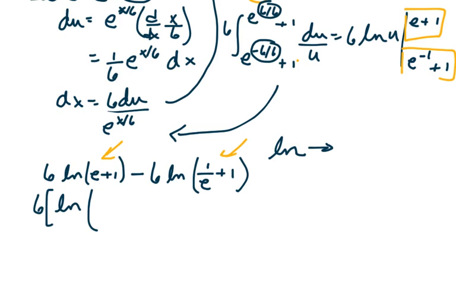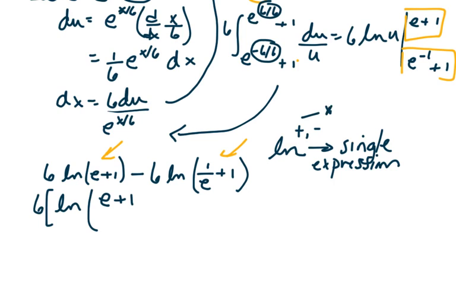So if you want to take logs that are added or subtracted and write it in a single expression, you can by combining. Addition maps to multiplication and subtraction maps to division. So this is subtraction between these two logs.